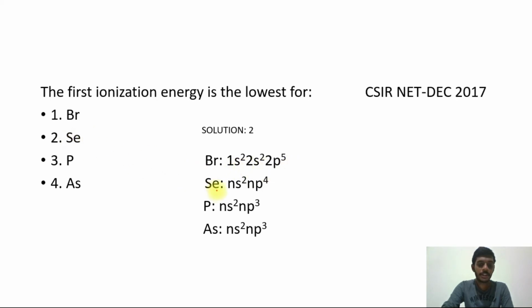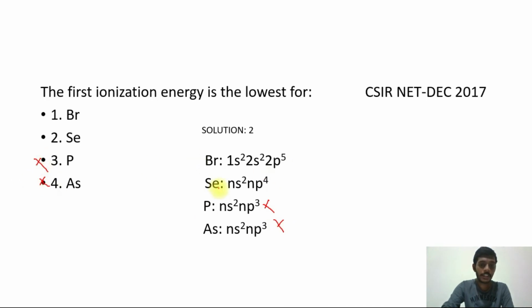For selenium, it comes under the oxygen family, ns2 np4. And phosphorus comes under the nitrogen family, it is ns2 np3. Arsenic also comes under the nitrogen family, ns2 np3. This p orbital is half filled, which is more stable, and high ionization energy is required. So we can cancel out phosphorus and arsenic.